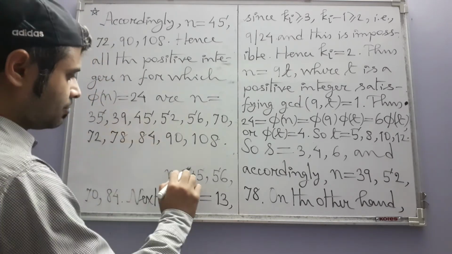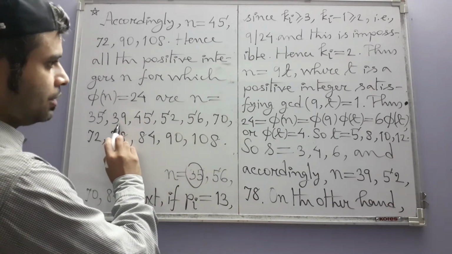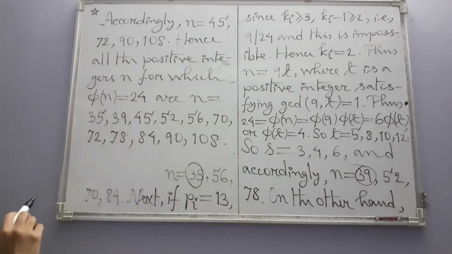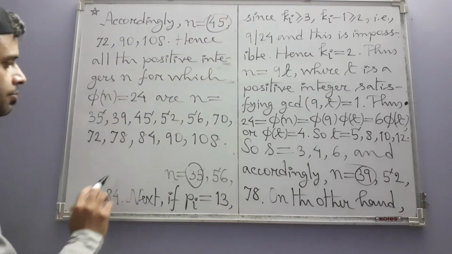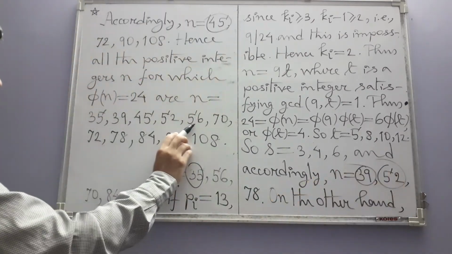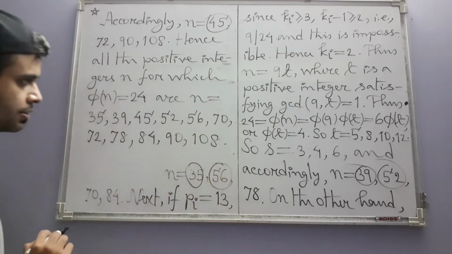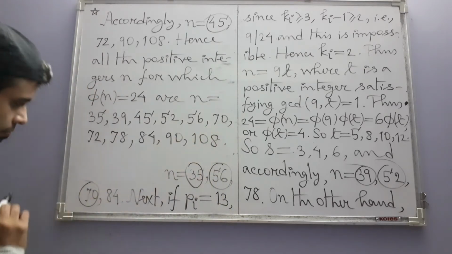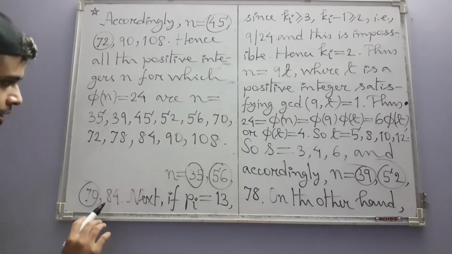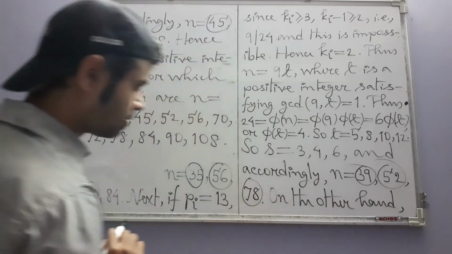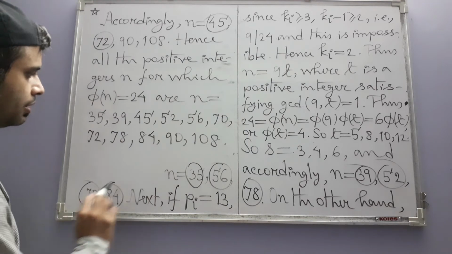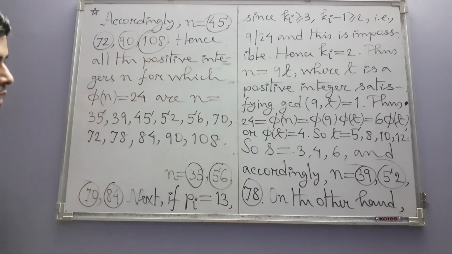First we have 35, okay, then we have 39 here, then we have 45 that we have here, then 52, 56, 70, 72, 78 here, 84, yeah, 84 we have here, 90 and 108.